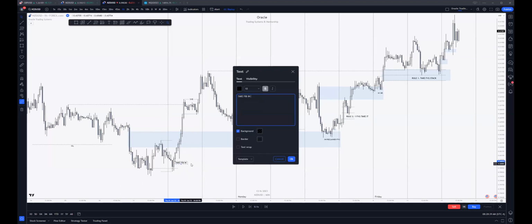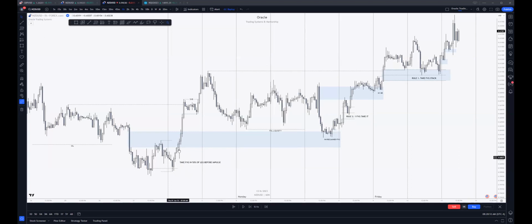Take fib, take FEG in 50% of, I don't know what you would call that. Before impulse, right? Because we pushed up, pushed out of it, we've come back into this region, continued, right?